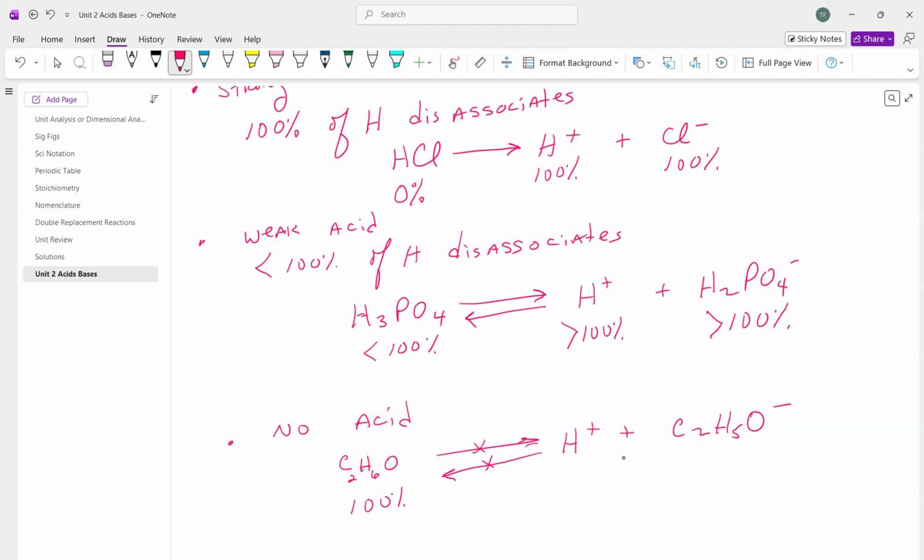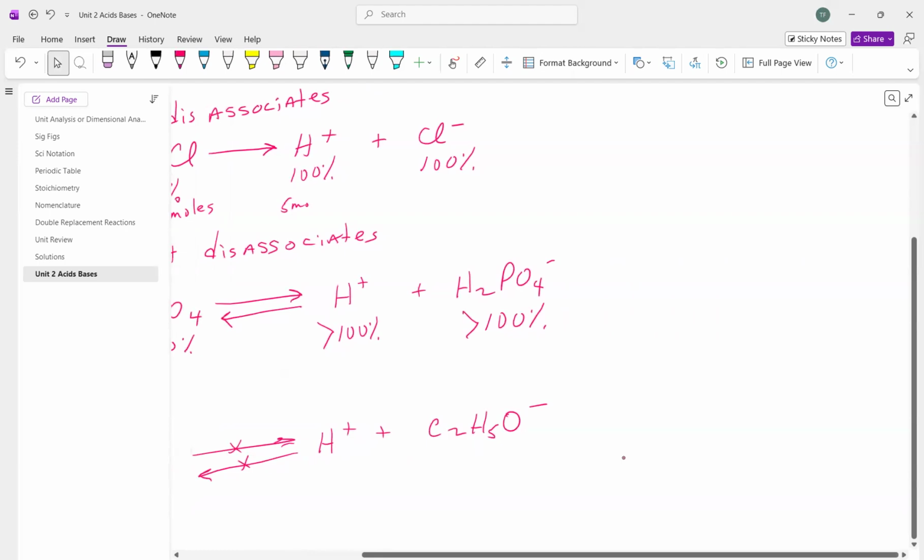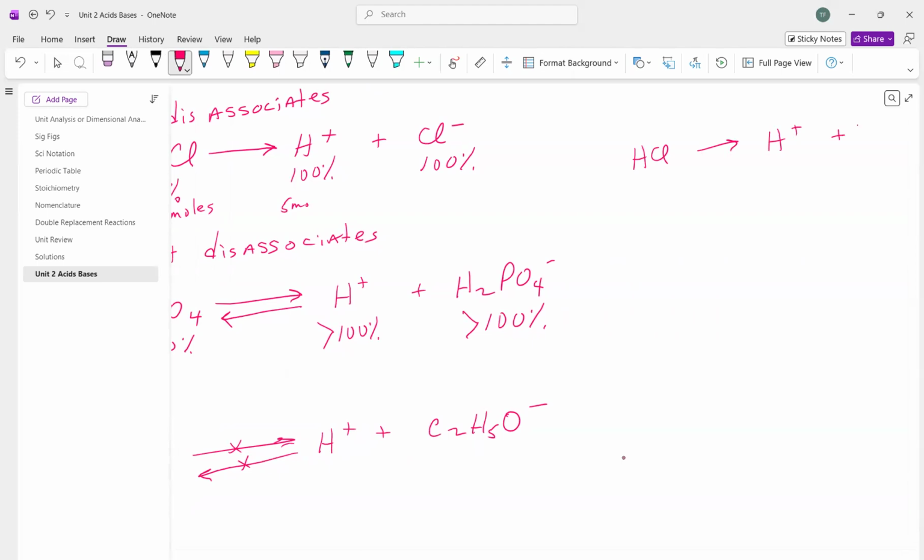So what I mean by that is, say you start with 5 moles of HCl. As soon as it hits the water, it is no longer HCl, it becomes H and Cl. Let's do that over here. So initially we have 5 moles of this, 0 of this, 0 of that.